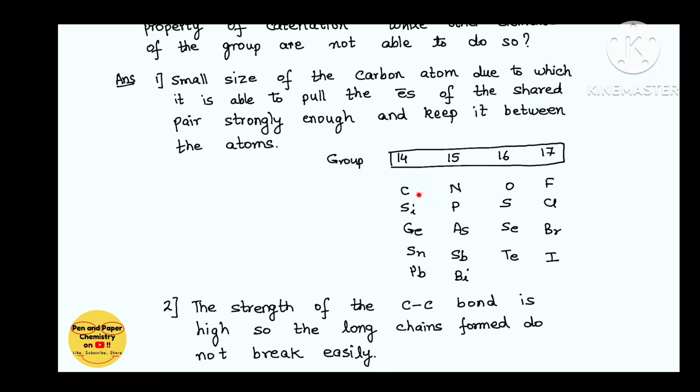The size of carbon is just large enough to hold 4 atoms around itself, so that the pull that it exerts on the shared pair of electrons is strong enough, and these shared pairs of electrons do not move away from in between the atoms which are involved in sharing of electrons.